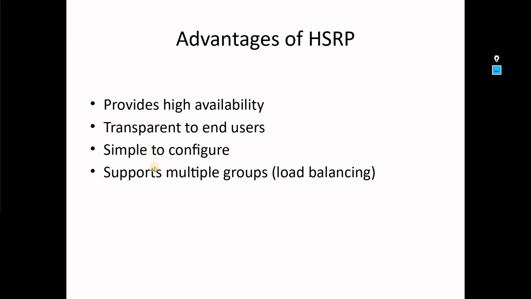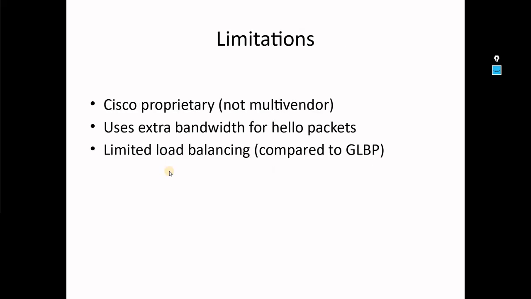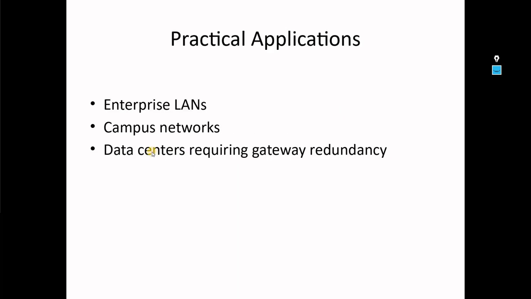Simple to configure, supports multiple groups. It's Cisco proprietary, not for others. Limitations: uses extra bandwidth for hello packets, limited load balancing. Practical use: enterprise LAN applications such as campus networks and data centers requiring gateway redundancy.